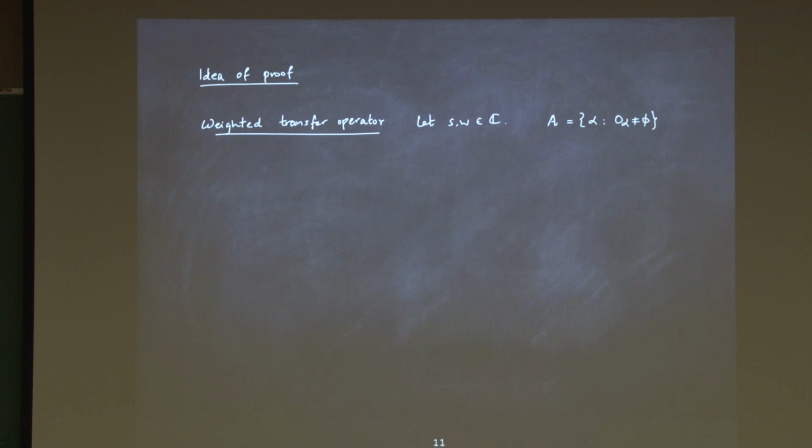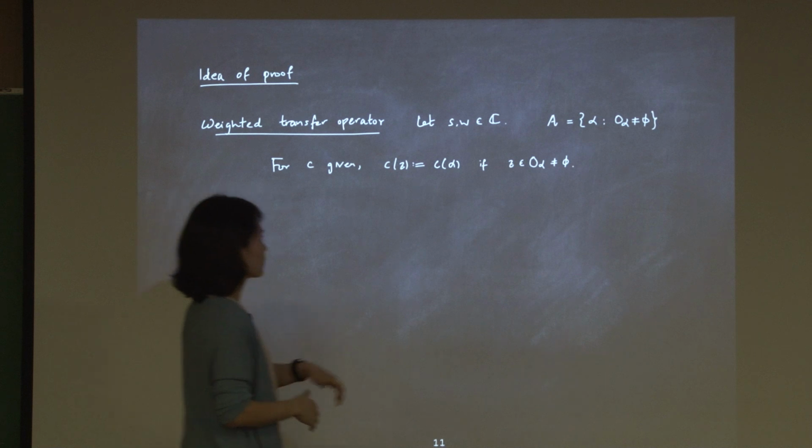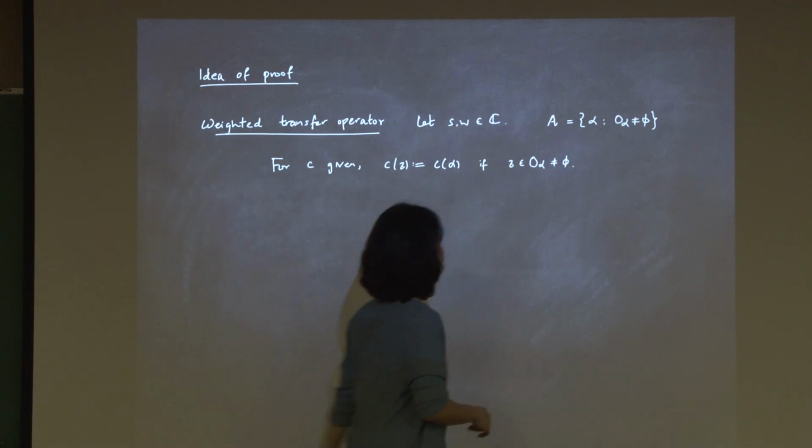Now let's see how to show this asymptotic Gaussian distribution. We use a weighted transfer operator, with weights related to the digit cost function. For two complex numbers s and omega, A will be all those alphas for which O alpha is non-empty.